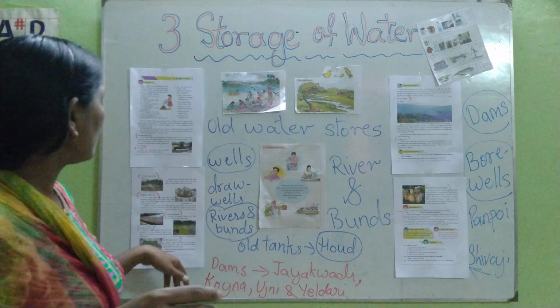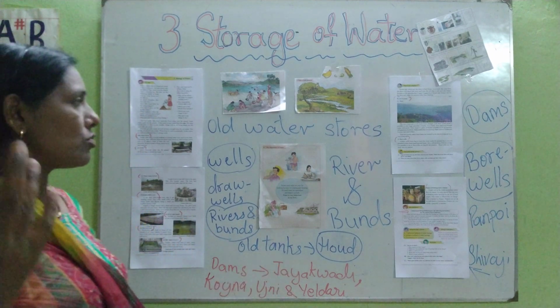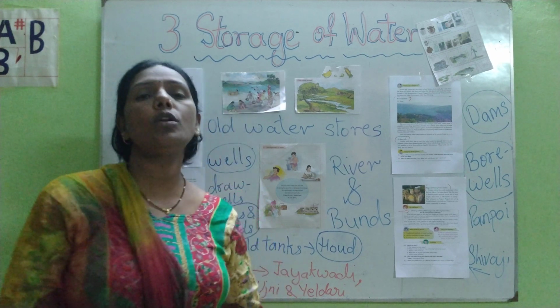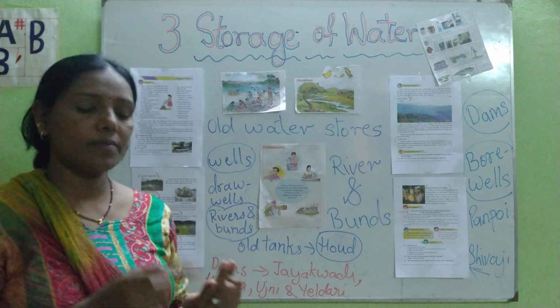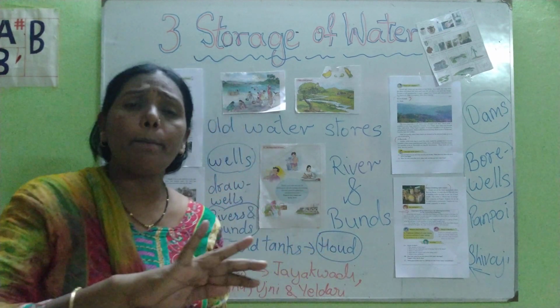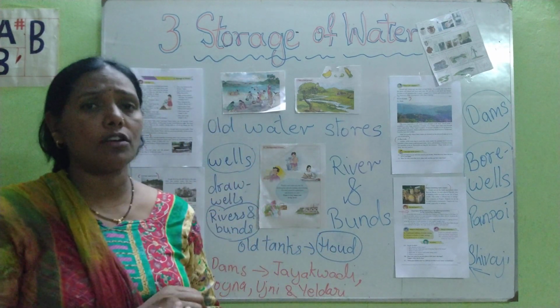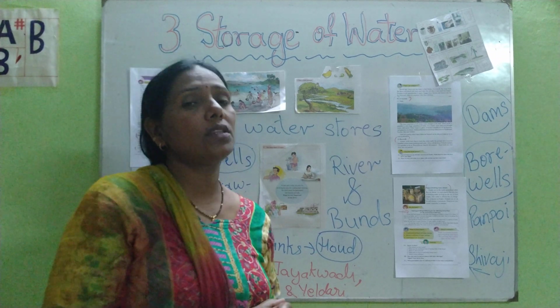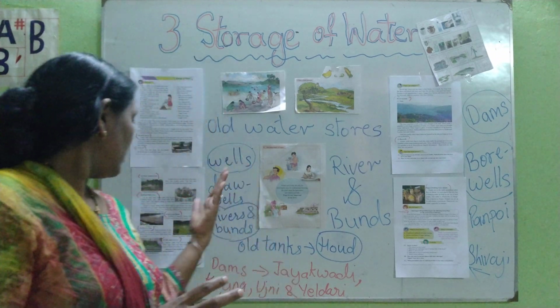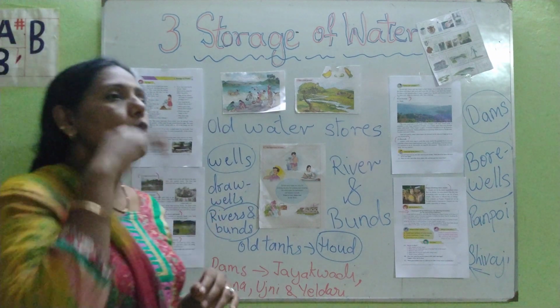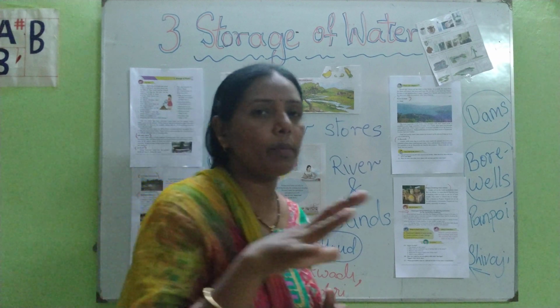Now, the old resources. As I told you, what were the old resources? Rivers, wells, draw wells. Then they used to build the bunds across the river so that the people could get the water throughout the year. Now after that, we see the tanks. In olden days, tanks were also made.